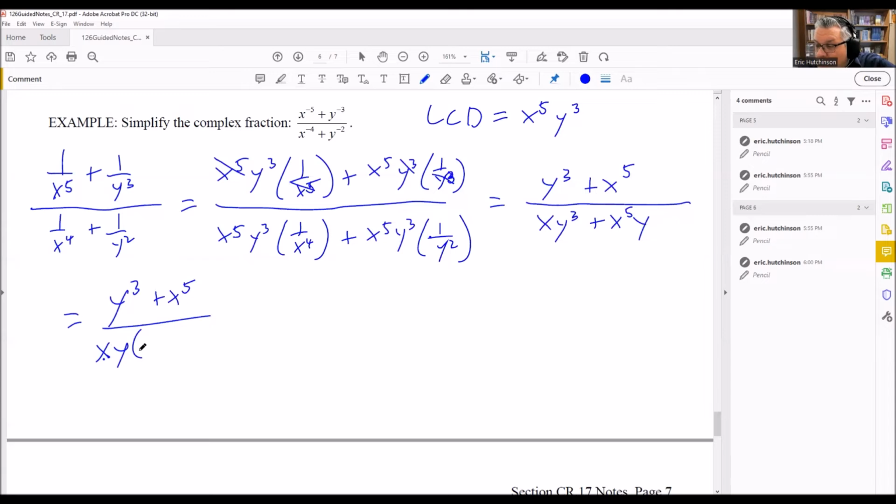If I factor that out, I end up with y squared plus x to the fourth. That would be all I could do there. This doesn't cancel with the top, but it's always good to check anyway, just to make sure. Nothing more we can do there. So that would be the final answer that you would have here.